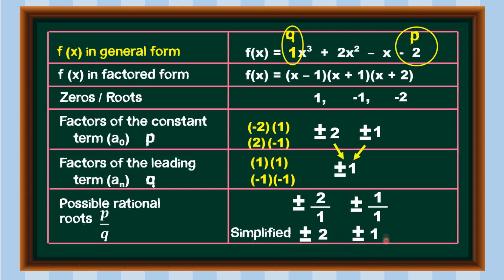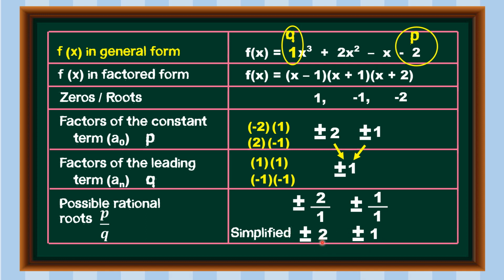So, tingnan nyo rito. Ano po ba mamayang possible rational roots? Yan yung mga posibleng factor niya. Okay? So, tingnan nyo to, x minus 1, x plus 1, x plus 2. Yan yung mga factors niya eh. At kung mapapansin nyo, itong mga numbers na to ay makikita rito sa kanilang apat. Apat yan kasi isang positive, isang negative 2. Isang positive 1, isang negative 1. So, ibig sabihin, pag naglista tayo ng possible rational roots, apat yan lahat.